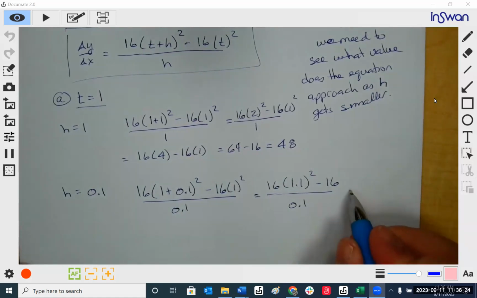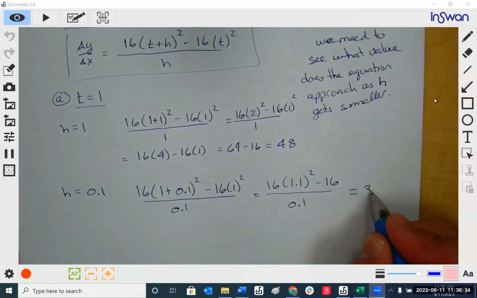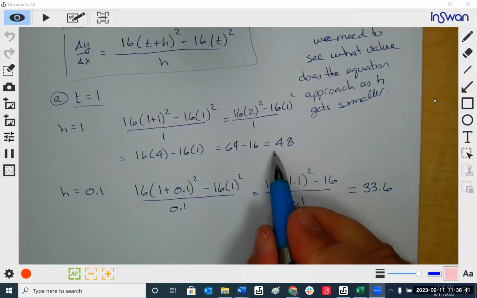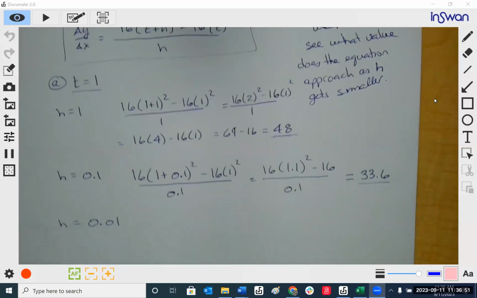Yeah, go ahead and work this one all the way out. Now remember, it started off at 48, now it's at 33.6. So we go a little bit smaller, 0.01.